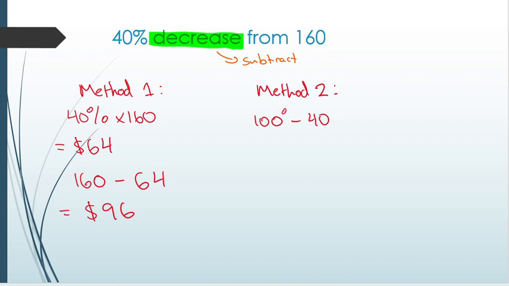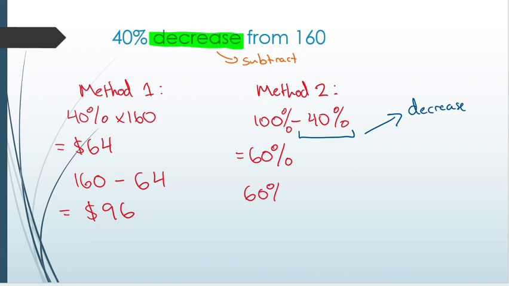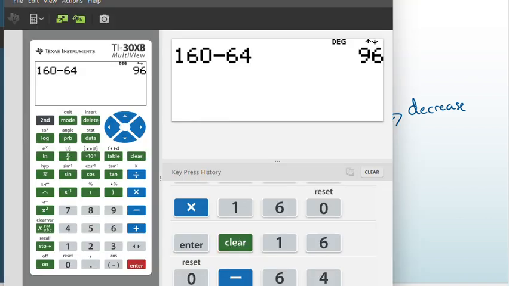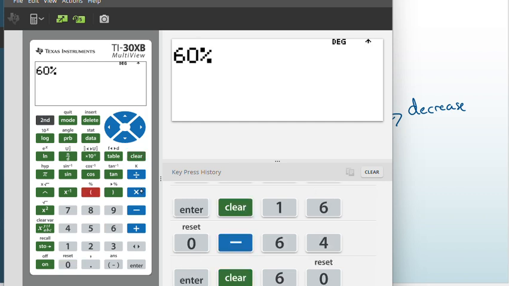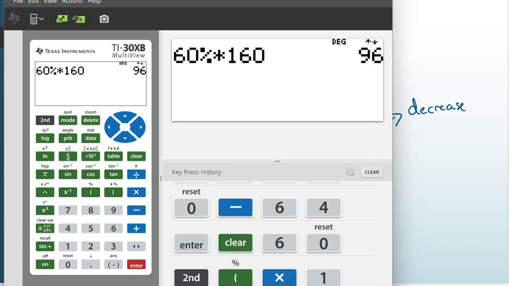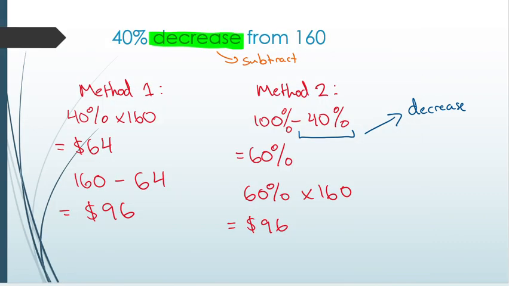So this ends up giving us 60% decrease. So now we find 60% of 160. You should end up getting the same answer. But let's just double check to make sure. 60% times 160 equals 96. So there we go.